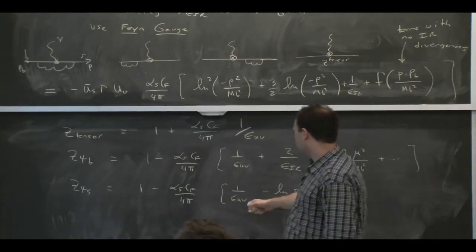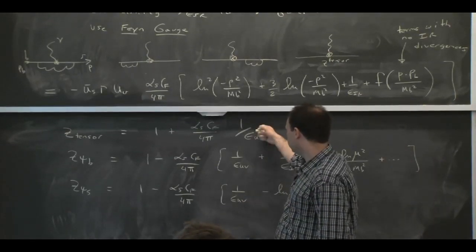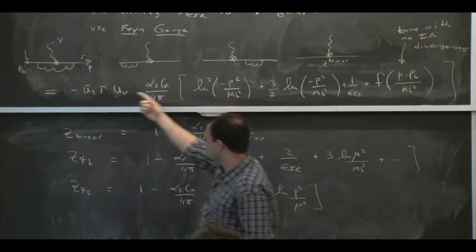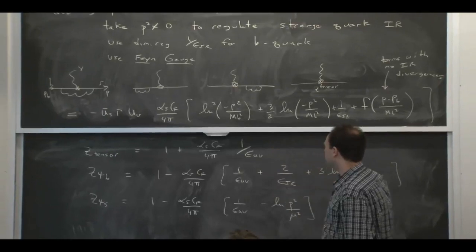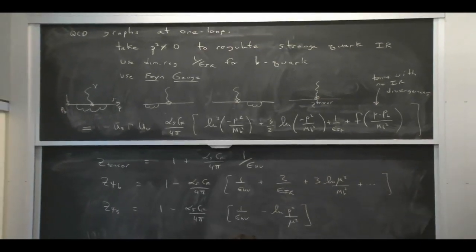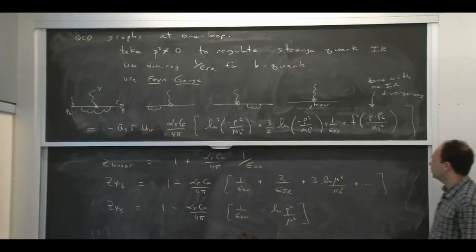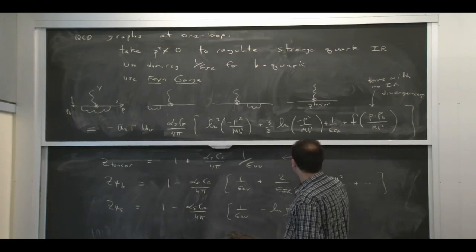And the UV renormalization is taken care of once I have the Z tensor. There's divergences in this diagram and these ones, but there's one left over, and that's taken care of by Z tensor. So there's no 1/epsilon UVs after I take care of this guy.